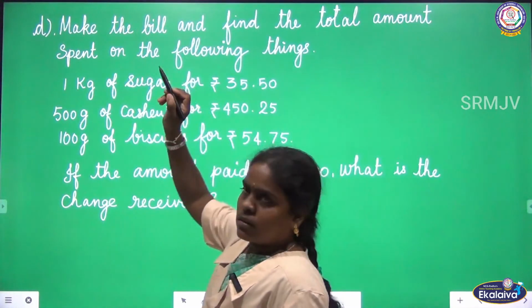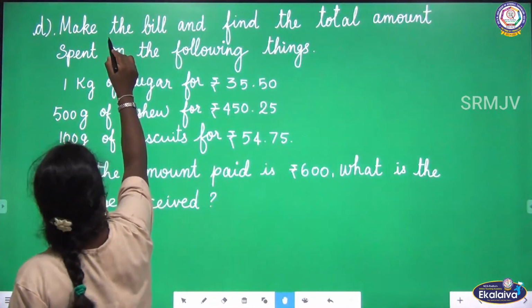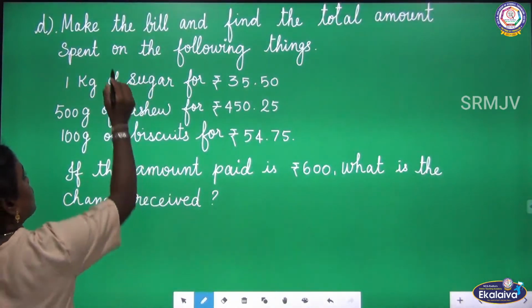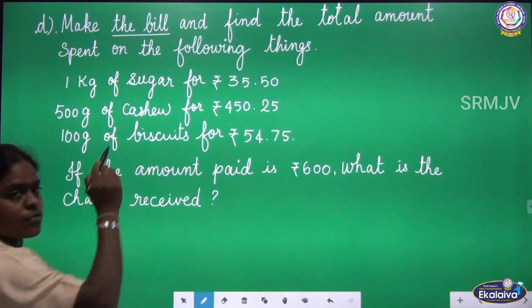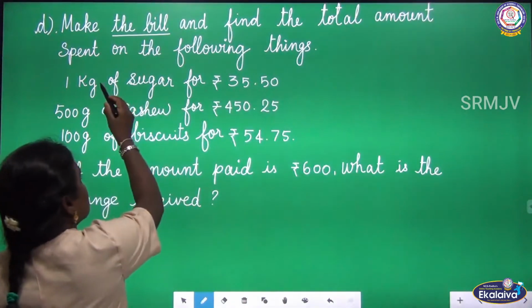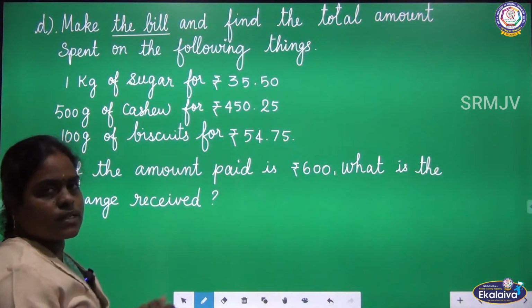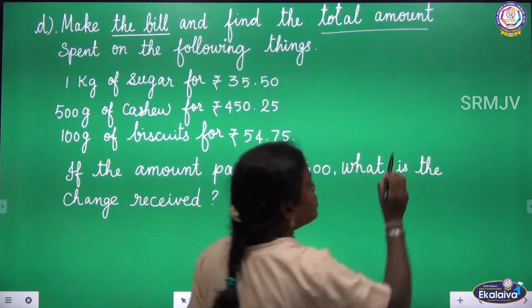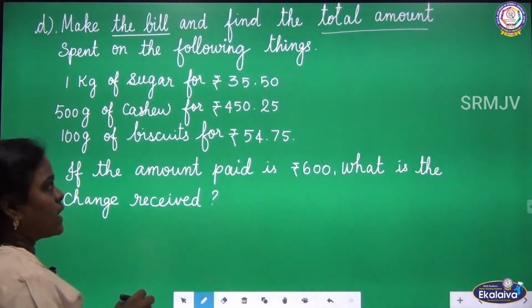Make the bill. Listen, here we are going to make the bill in the first step and find the total amount spent on the following things. Second, we are going to find out the total amount for the things purchased.